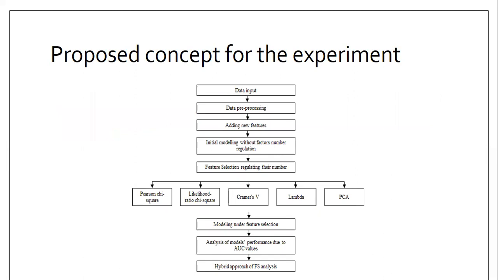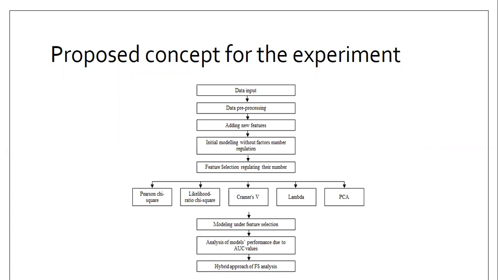And now let's turn to the proposed concept for the experiment. So our investigation starts with the stages of preprocessing the data set and adding new features that will better describe and define borrower status than the initial ones.